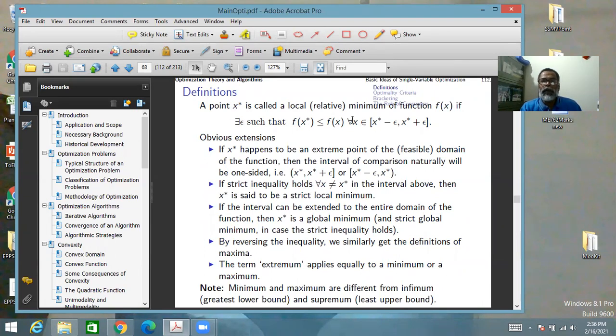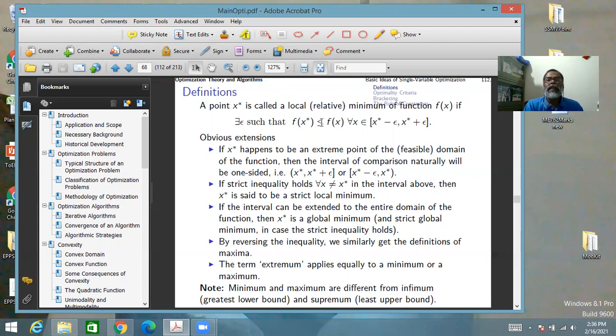So for all x in an interval with x star at the center and plus minus epsilon on both sides. That means that it is a local minimum point if all the other values in the local neighborhood are no better, because it is less than or equal to. So then it is a local minimum point.